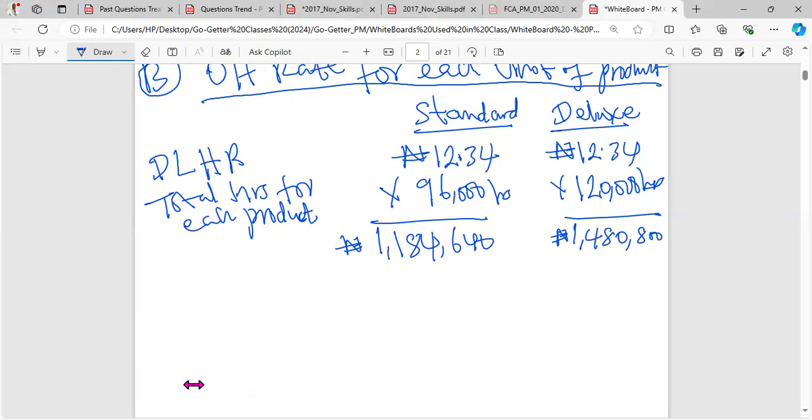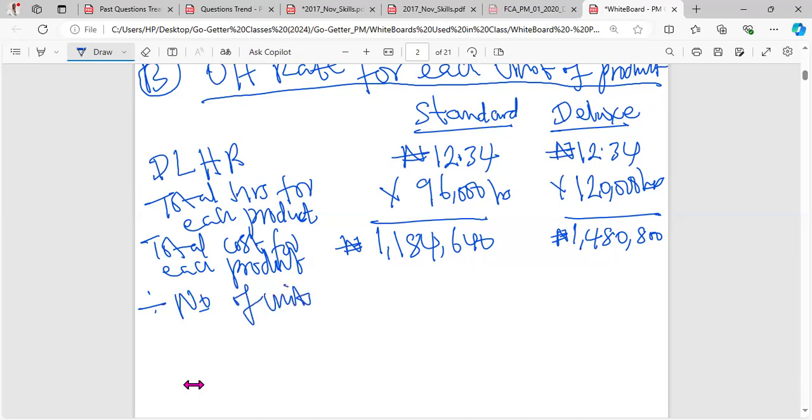Now, this is the total costs for each product. Now, we want to look at the number of units, so we'll divide by the number of units. We did 24,000 units. The same thing here, we did 24,000 units.